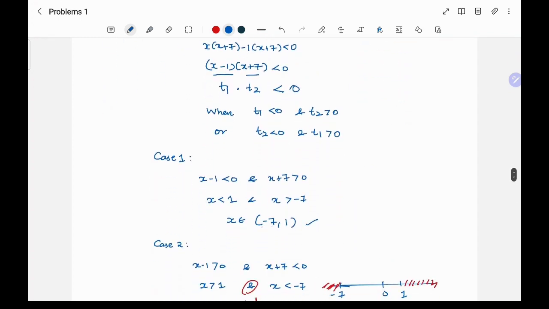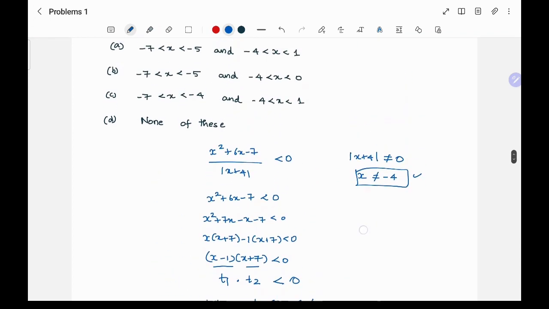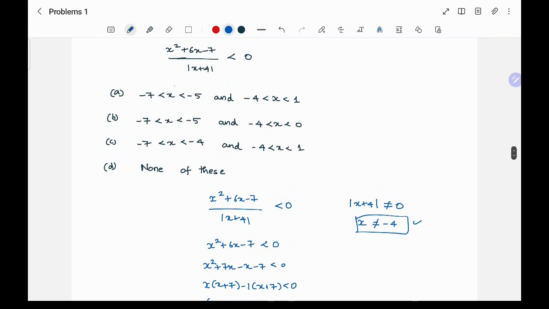So x belongs to (minus 7, 1) and x is not equal to minus 4. So let's just check. So they are just dividing into two domains, right? So I'll just write here. So now we can also divide it into two domains, right? x belongs to (minus 7, minus 4) union (minus 4, 1).